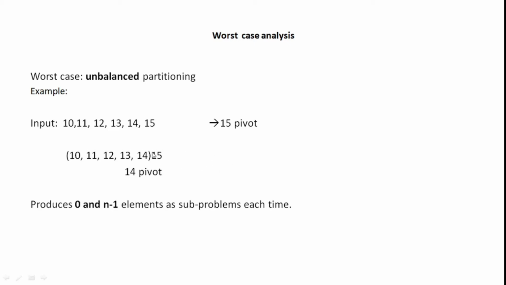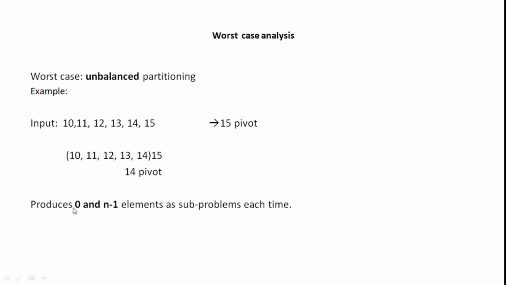Here we have 15 as the greatest element, so it is on the rightmost side, and it has partitioned the array into two parts. In the left part of 15 we have 5 elements, 1, 2, 3, 4 and 5, but in the right part we don't have any element.